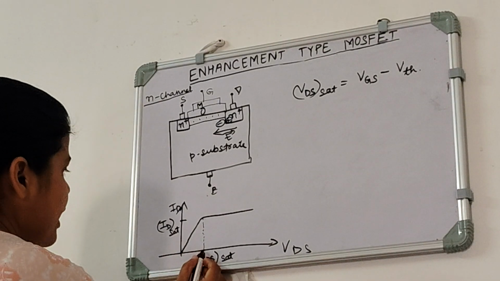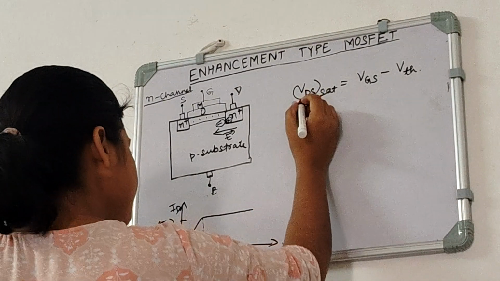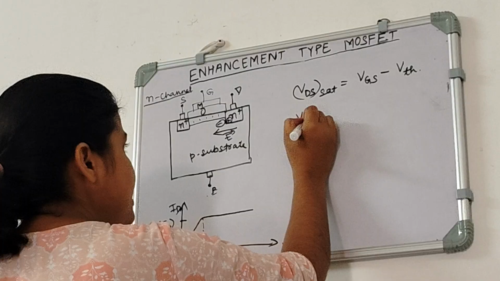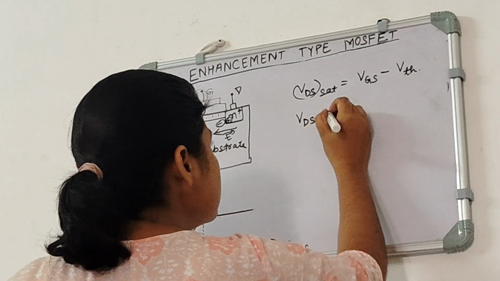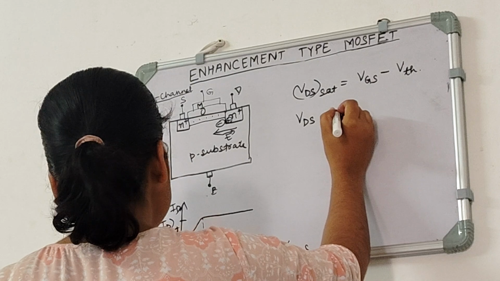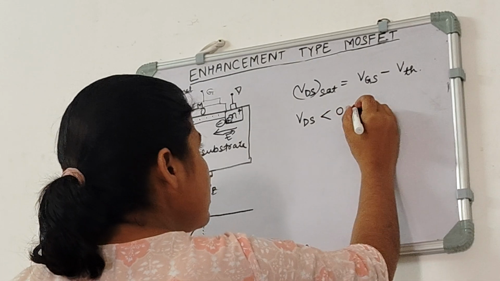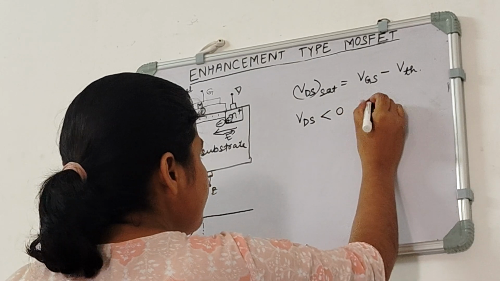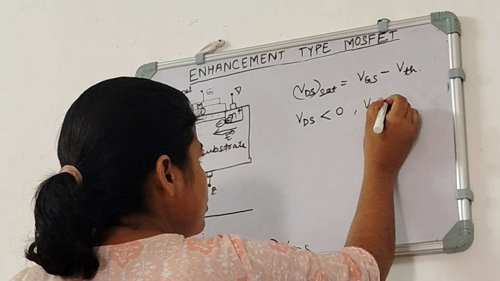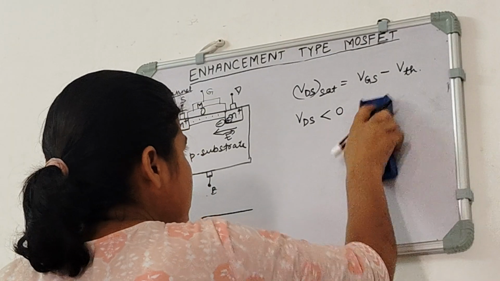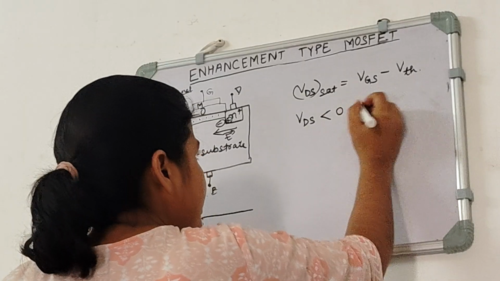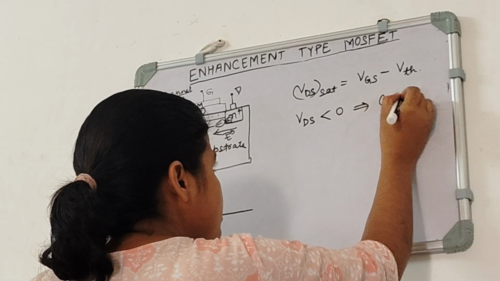So from here we can see that when VDS is less than 0 and VGS equals 0 or whatever it is, if we just see the previous condition, when VDS is less than 0, we have cutoff region.